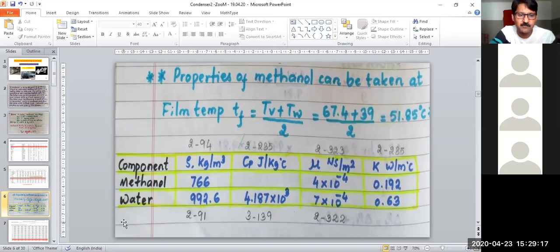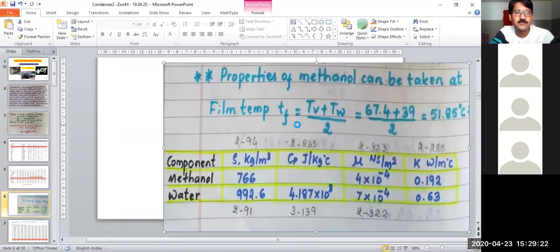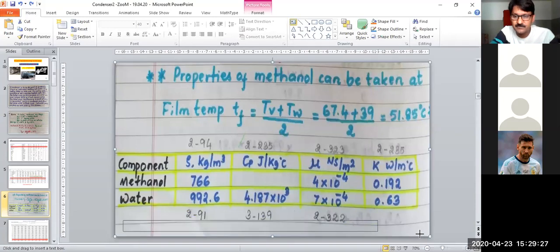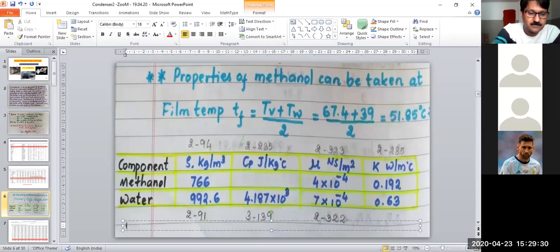So in the previous problem, there is 53.2, so I'll write it here. Okay, don't worry. In the previous problem, the properties of vapor are taken at its boiling point.